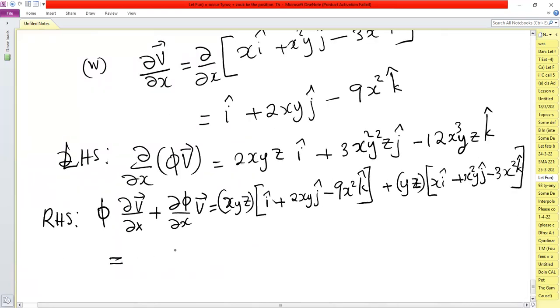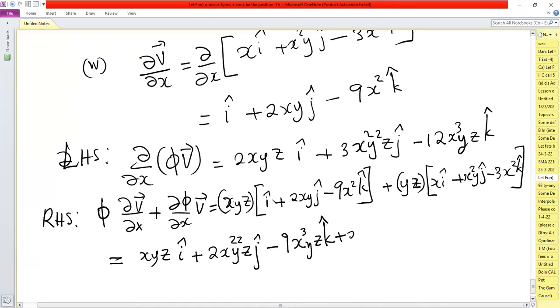So this will be xyz i plus this by this will get 2x squared yz squared y, so x is squared and also y is squared, j, and then minus 9x power 3 yz k, plus xyz i. This by this will have plus x squared y squared z j.